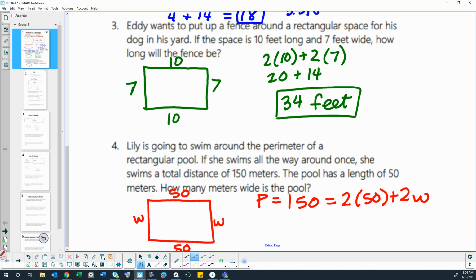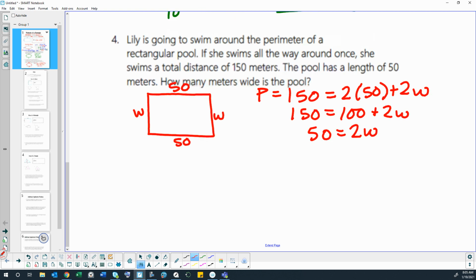So 150 meters is equal to 2 times 50 meters plus 2 times whatever the width is, obviously in meters because we want to keep the same unit. So that means we have 150 meters is equal to 100 meters plus something we don't know. So if 100 meters plus what we don't know adds up to 150, then the part we don't know adds up to 50, because just get rid of that 100 to get it out of the way, right? Subtract it from both sides.